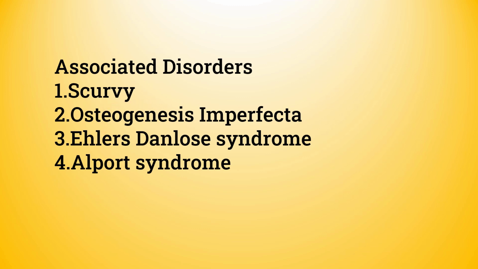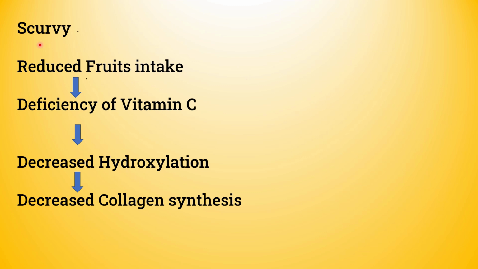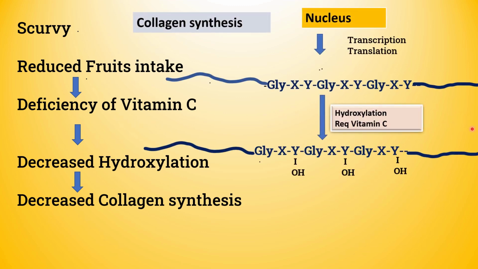The first one is scurvy. As we know, scurvy occurs whenever there is a vitamin C deficiency, when your fruit intake is less. Vitamin C is required for the hydroxylation reaction, as we have seen in this step.